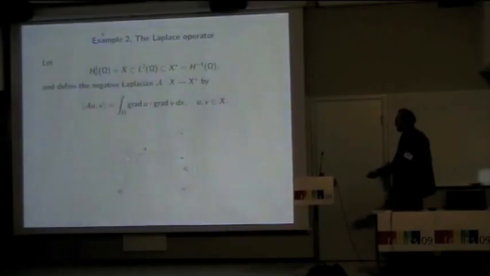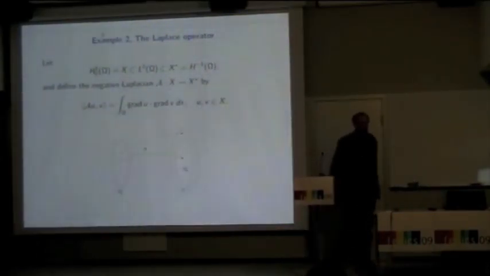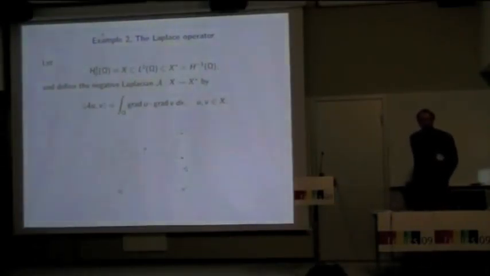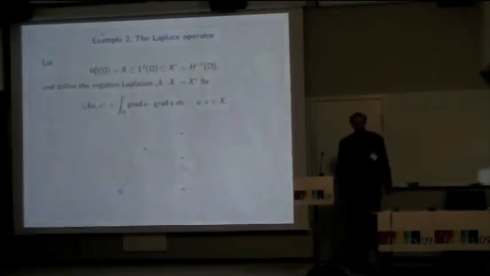So the situation looks basically like this. I start in a small space, the operator maps me into a much bigger space, and then you see at once you don't have a chance of using these methods, because after one iteration you're outside the domain of the operator, and you don't know how to continue. Right?